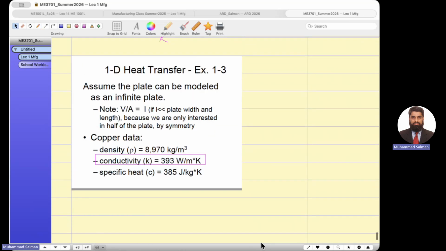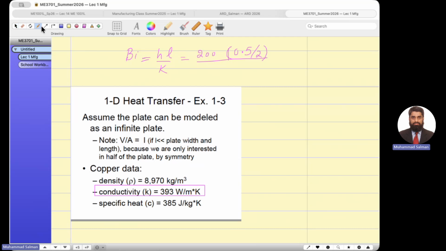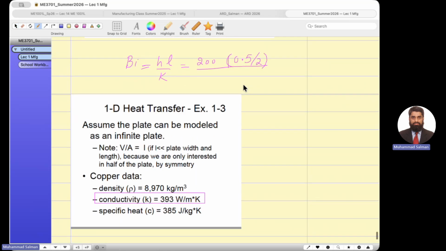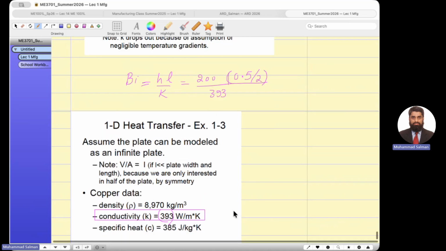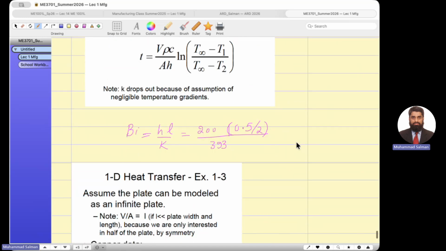But I think there is some unit conversion. So can you help me in meters? This is in inches because our k value is in watts per meter. So 393. The Biot number is a dimensionless quantity. Can you help me find the answer in meters? L is in inches right now.